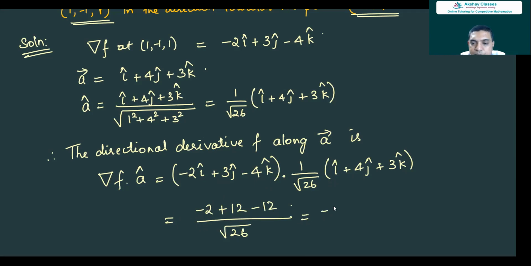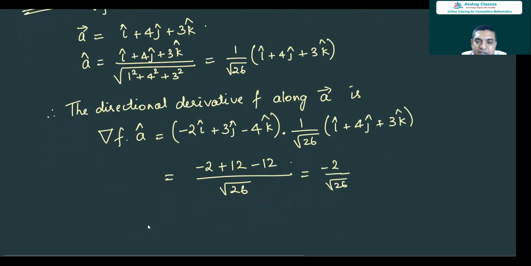So we get minus 2 upon root 26. So this is the value of the directional derivative. Now the directional derivative will be a scalar quantity.